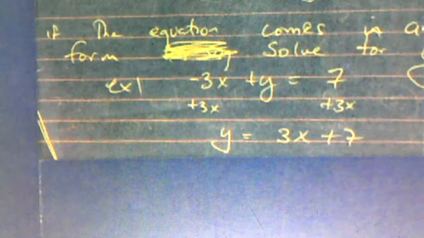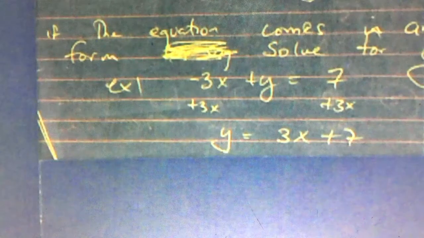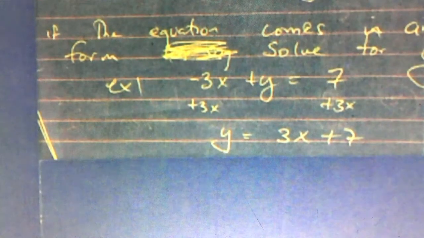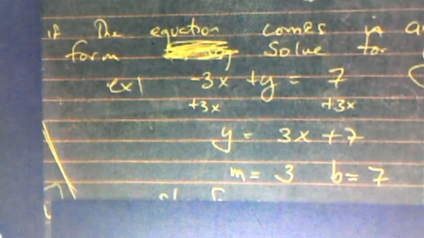So if you're good with algebra, especially equation solving, this is a quick and easy conversion from the standard form of an equation over to the y-intercept form of an equation. So we've got y equals 3x plus 7, and then again we have m equals 3, b equals 7. The slope is 3, the y-intercept is 7.